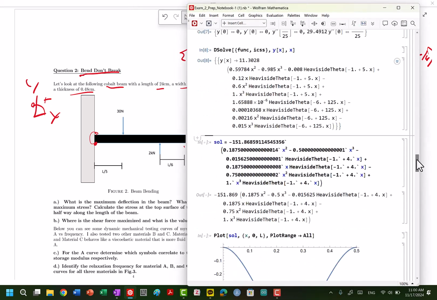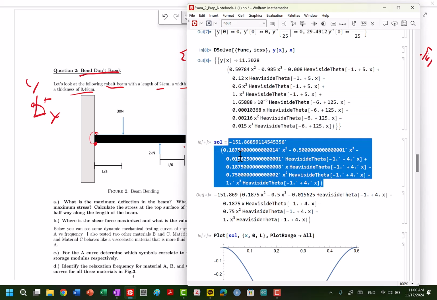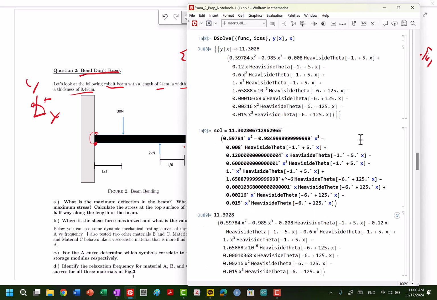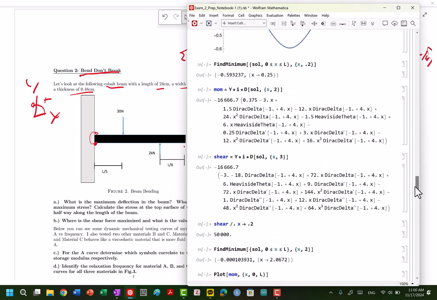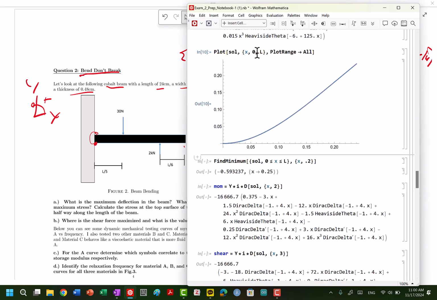I'm going to copy this solution here and paste it in. There we go. Double check, make sure.